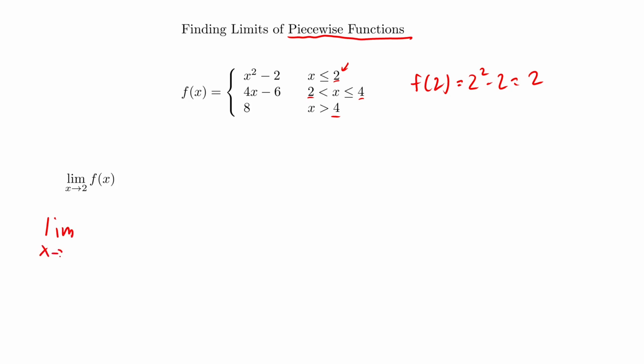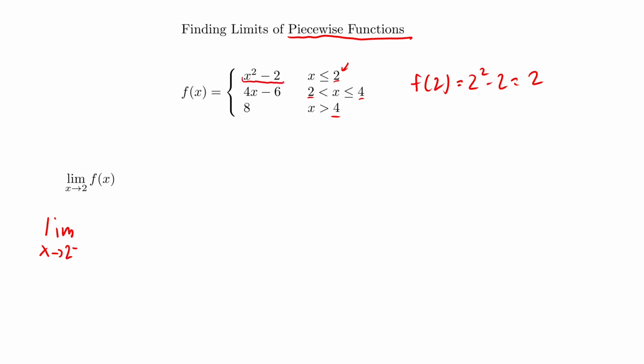I think the easiest way is just to do it. It's a little bit hard to explain, but remember, if the left-hand limit and the right-hand limit are the same, then the two-sided limit will be equal to that. So if I want to figure out the limit as x approaches 2 from the left, I want to look at what happens when I evaluate this function on the piece that's to the left of 2.